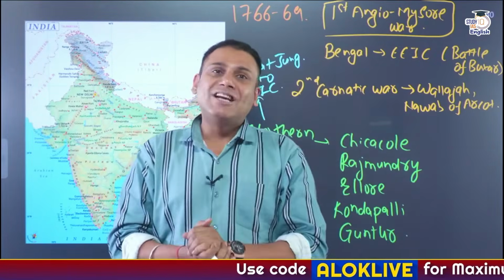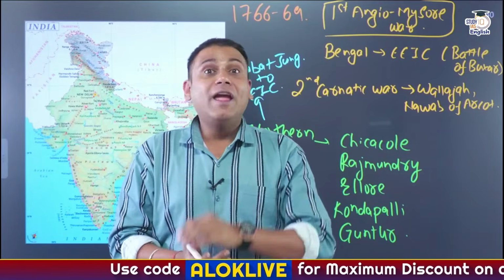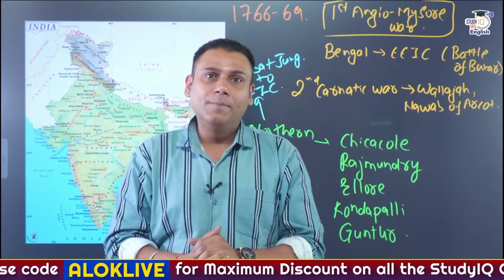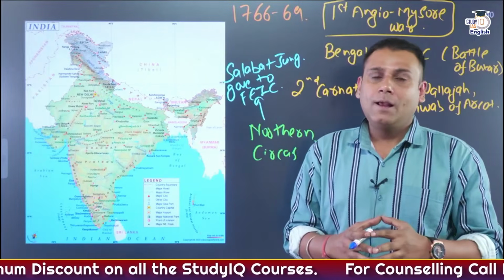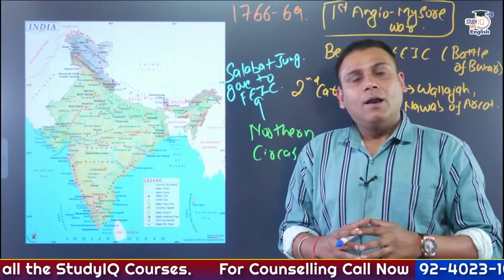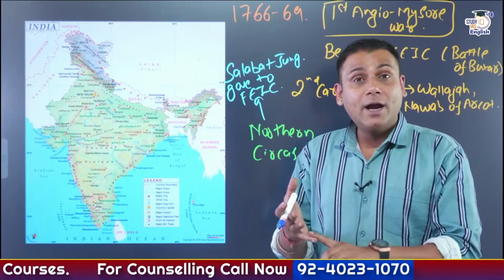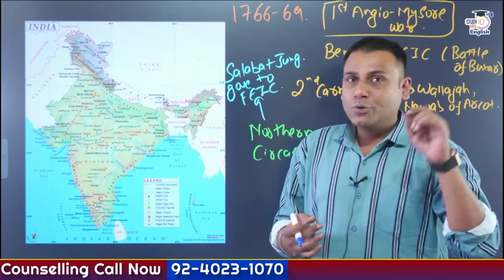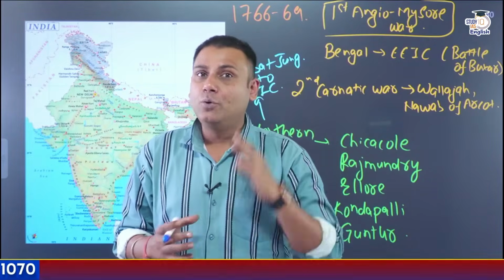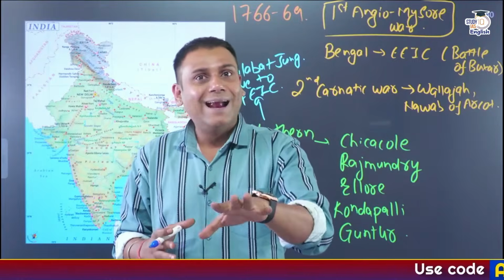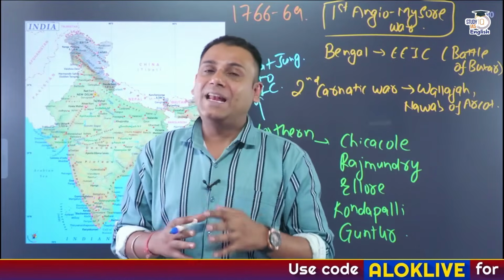In the previous session, we had seen the importance of Mysore, precisely the economic importance of Mysore. Let me give you a glimpse of it. Mysore was located in Raichur Doab, which was drained by Krishna, Tungabhadra and its respective tributaries. So the entire region was quite fertile.